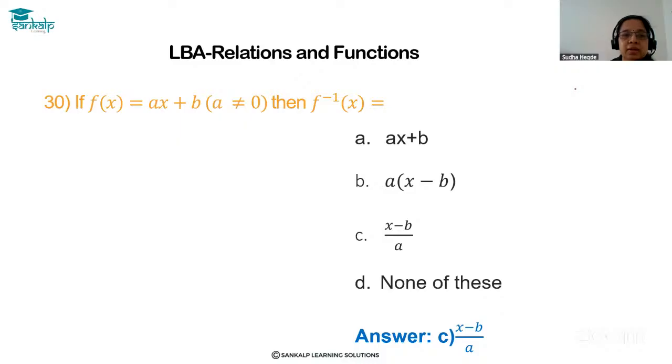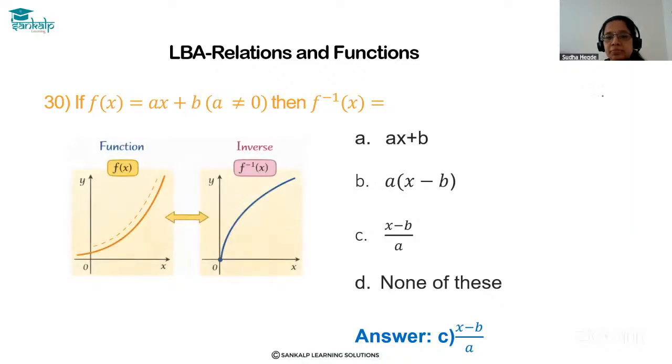Hi students, the question is, if f of x is equal to ax plus b, a not equal to 0, then you need to find f inverse x. Okay? So f of x is equal to ax plus b. Take y as f of x. So y is equal to ax plus b. You now find x from this linear equation.